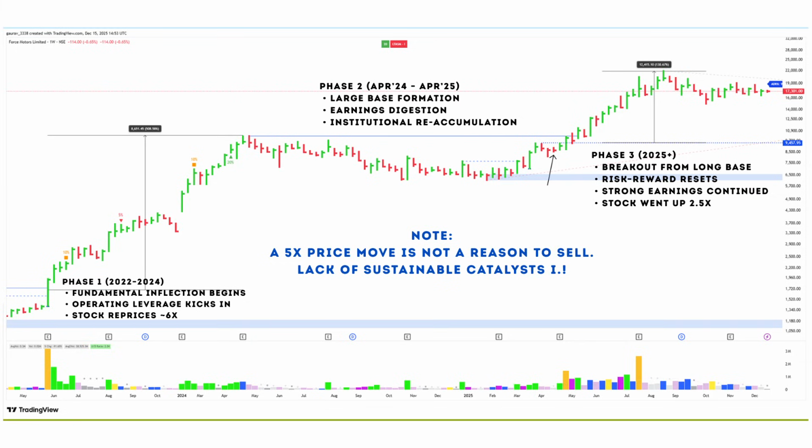Now one point I wanted to highlight is that in phase one, a lot of fundamental inflection points had already happened, and that was the ideal entry point, right? Investors who know this company in and out might have invested in that phase, and they made a good amount of money. But when this correction or sideways action happened for a year, this could be a potential entry zone for other investors, because your risk-reward got reset.